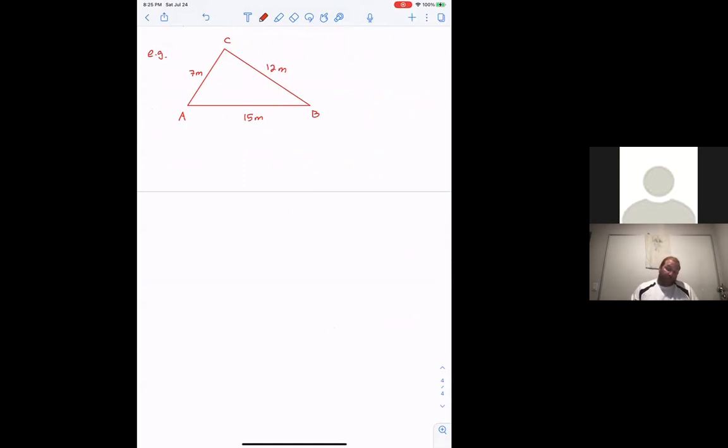So of course, you could use either 1/2 base times height or 1/2 side sine of the sandwiched angle. Because this is using these more advanced trigonometry, we'll go with the second one, even if the first one may or may not be easier, much like the last problem.